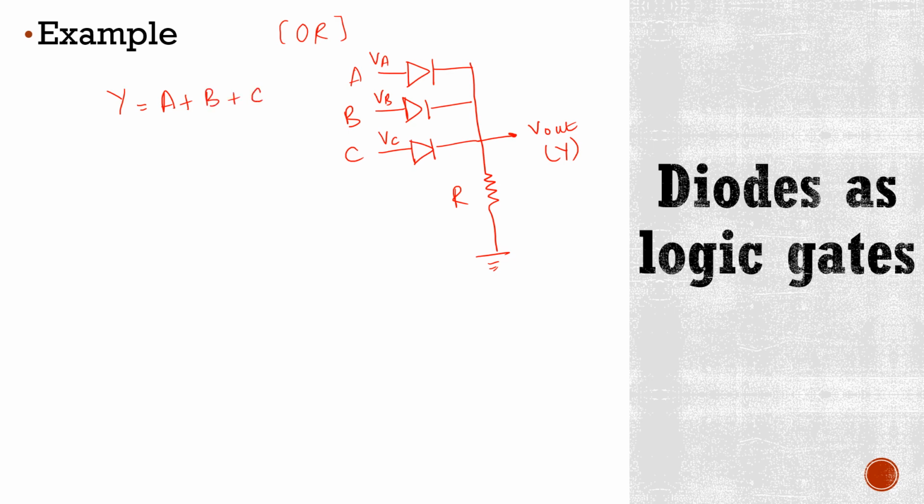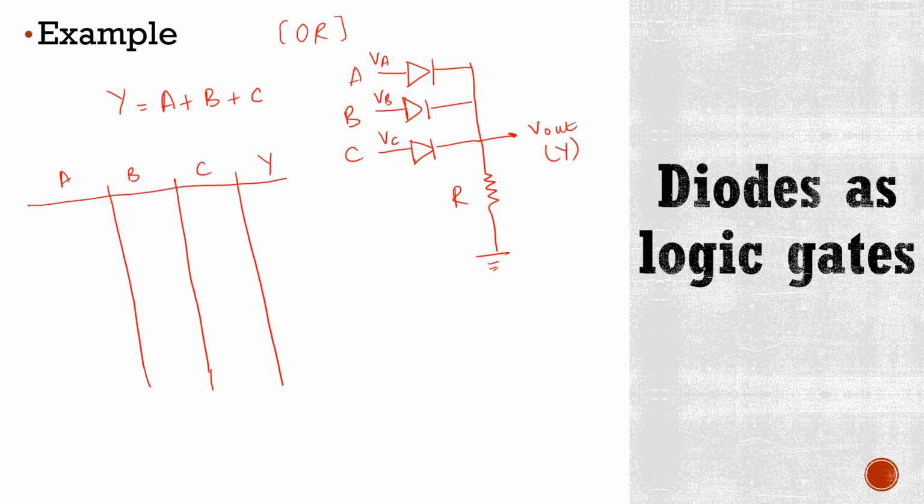Now, how are we going to find the output of this circuit? We'll draw a truth table. We know that there are three input variables: A, B and C, and this is Y, which is the output variable. So how do you know how many combinations of inputs there will be?